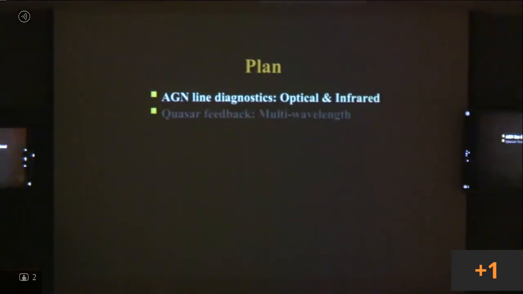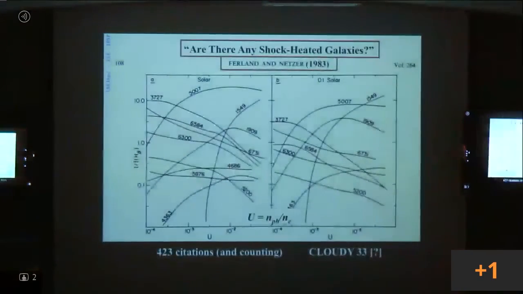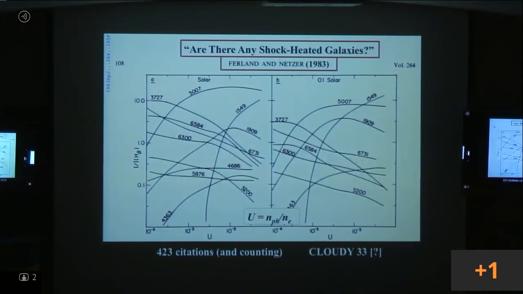AGN line diagnostics: my story started in the mid-'80s when Don Osterbrock and I dared to try to improve the spectral classification of emission line galaxies and make it more robust to various effects, flux calibration, but also reddening issues, etc. I came across this paper by Gary and Hagai Netzer in '83 with this number of citations.